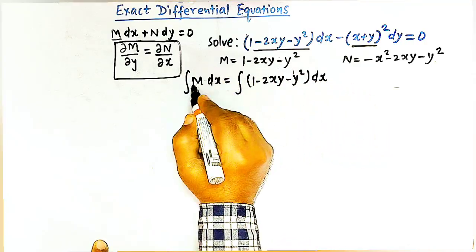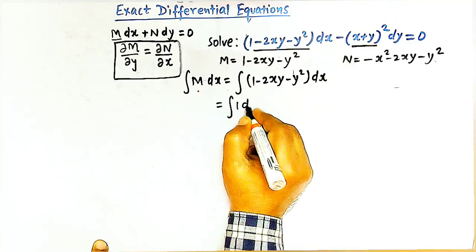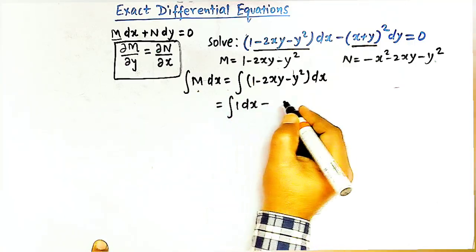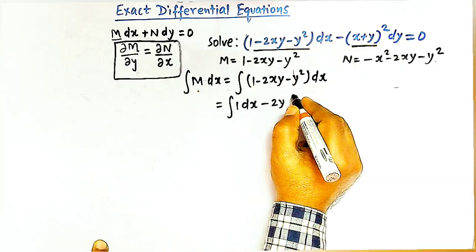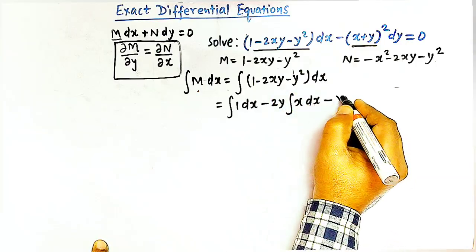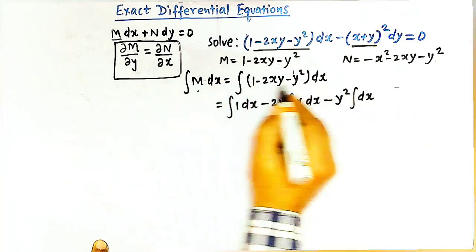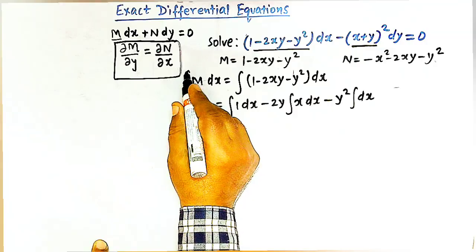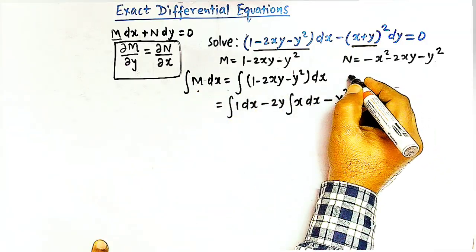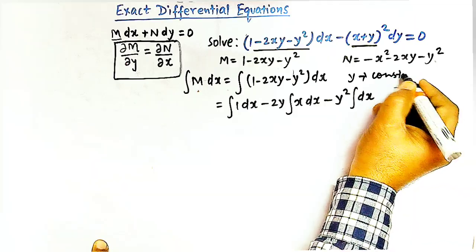So writing the value of m, and here we can now write 1 dx, then we have minus 2y integral x dx, and then we have minus y square integral dx. So here while finding out the integral m dx, we take here y as constant, right?